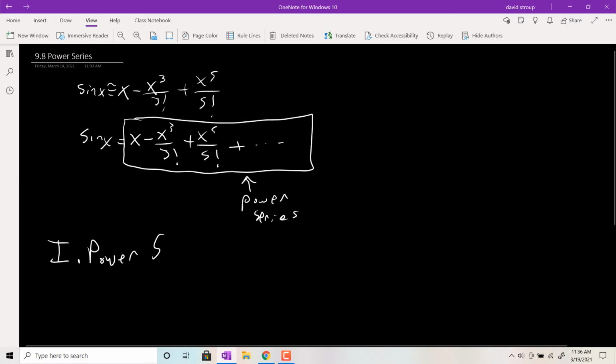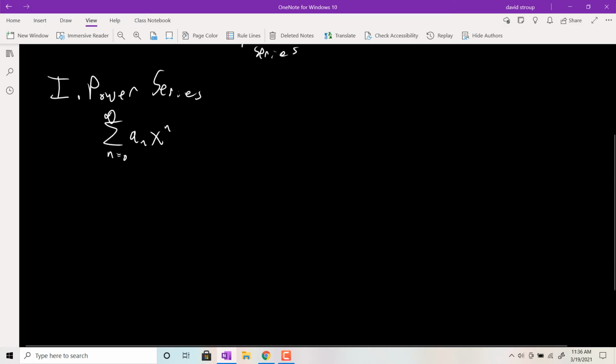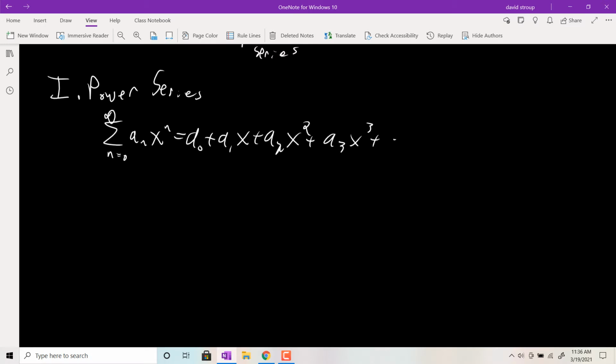A power series is the sum of a sub n times x to the n from n equals 0 to infinity, or it could be x minus c if it's shifted around. So you'll get a sub 0 plus a sub 1 x plus a sub 2 x squared plus a sub 3 x cubed plus dot dot dot, on and on. This is a power series centered at 0.